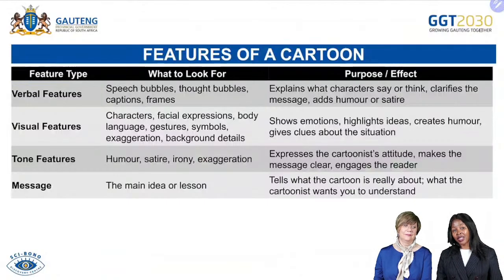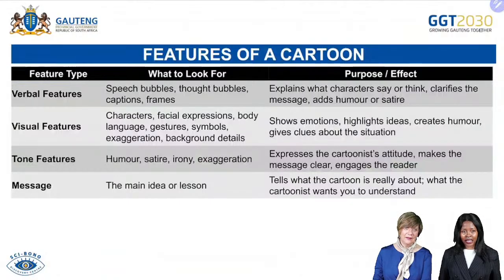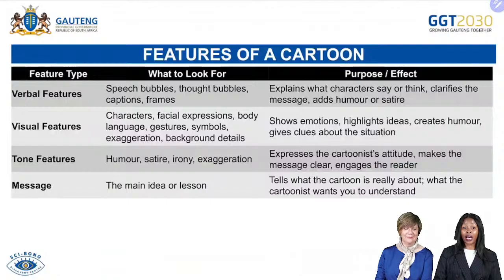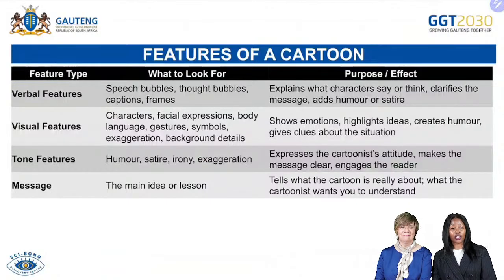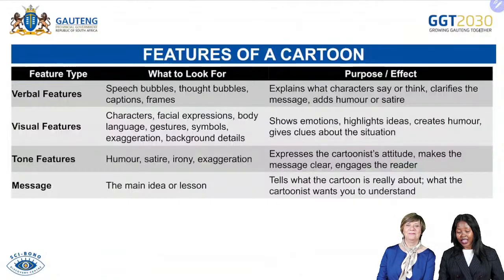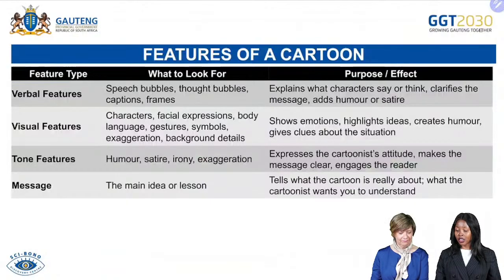And what does irony mean? We are looking at the opposite of reality. This is what is happening now, but this is what we expect. So think about expectation versus reality. That's what we have in terms of tone. What does it do? It expresses the cartoonist's attitude, makes the message clear, and engages the reader.